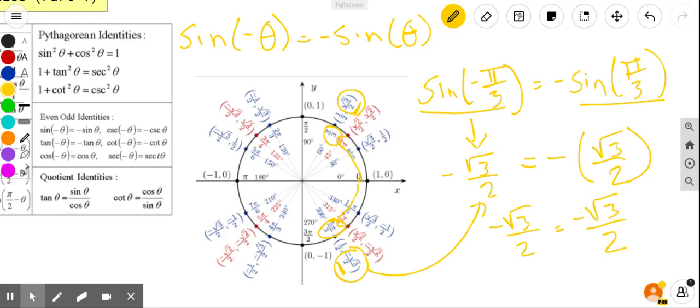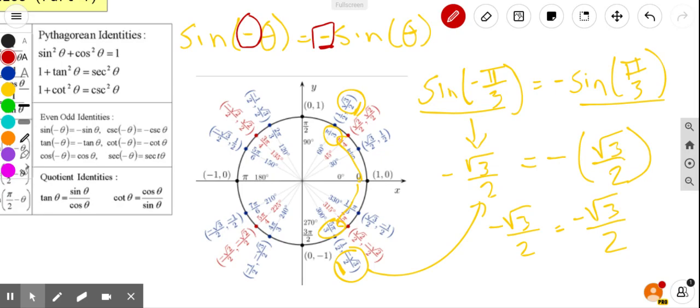So the reference angle is still the same, but now you're going the opposite direction. Since you're going in that opposite direction, this opposite manifests itself as the negative version. So that's why that's true for the sine.